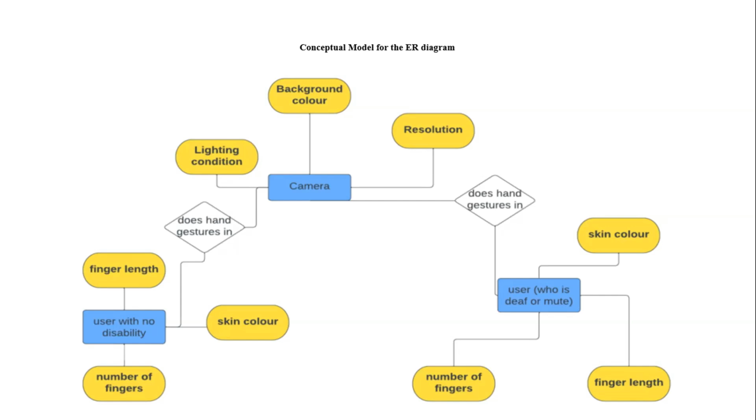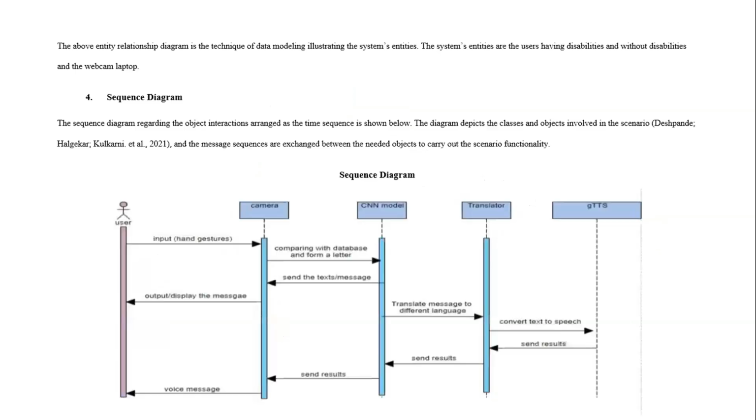The hand gestures are captured by the camera, and then transmitted to the people who have the disability. So the various characteristics captured are like skin color, and then the finger length, and then the number of fingers.